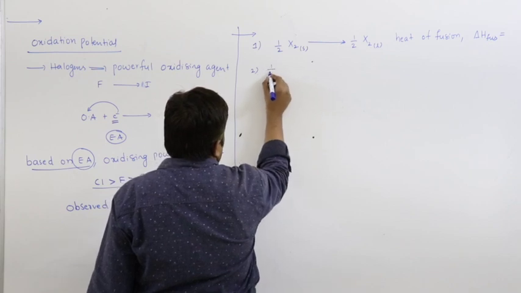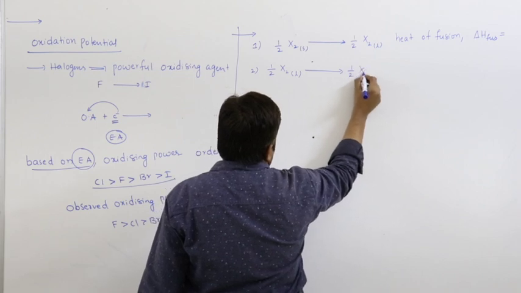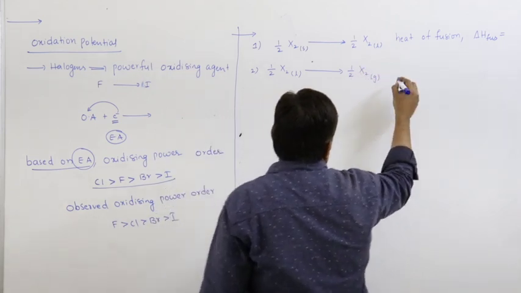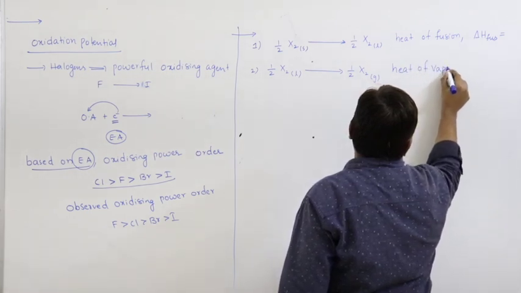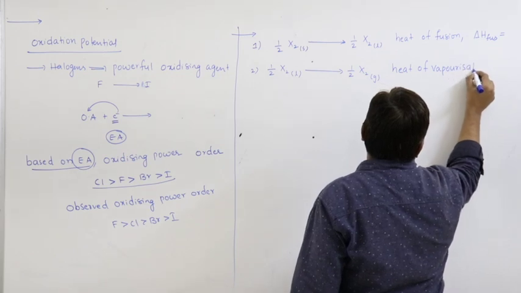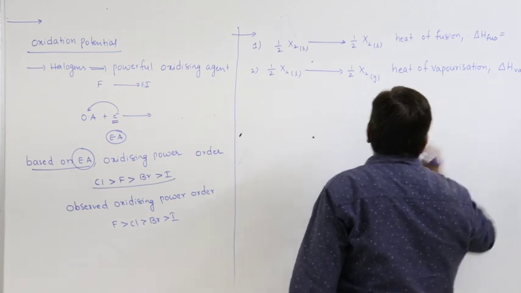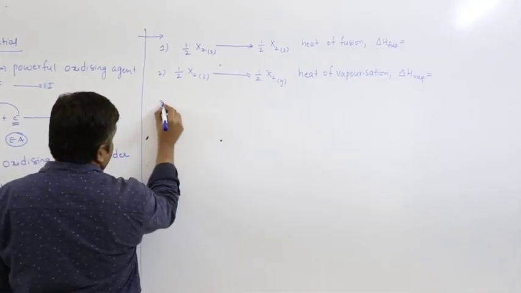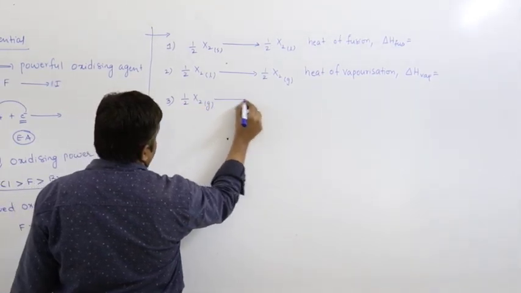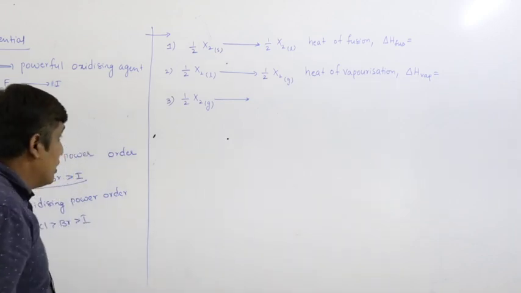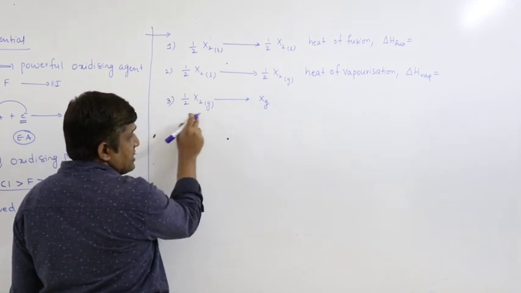Second step: now we have liquid. The liquid is converted into gas, which we call heat of vaporization, delta H vaporization. The third step: we got gas, and it must be converted into X gas, which is nothing but breaking the X-X bond.